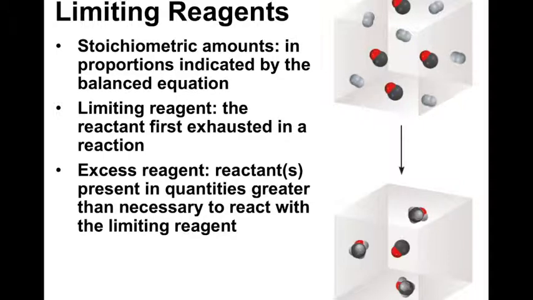So definitely one of your reactants will get consumed first, and then you have some of the other reactant left. The reactant that gets consumed first is what we call the limiting reagent. And the reactant that remains in the beaker, for example, is what we call the excess reagent.